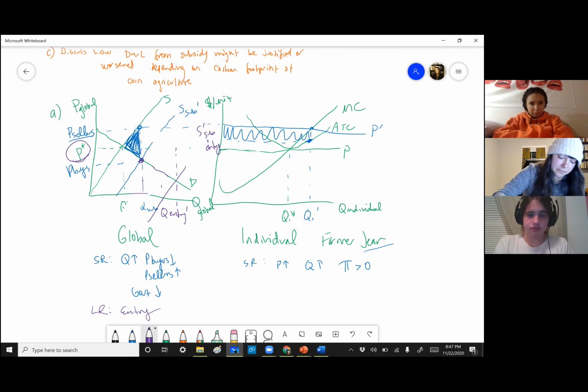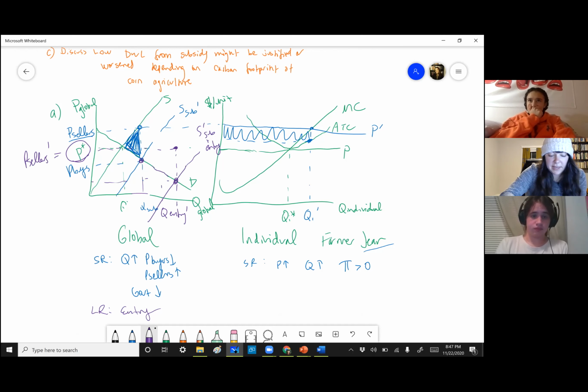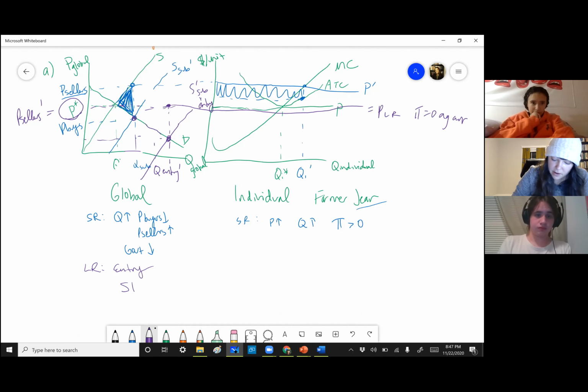So that now there's this new price that's now equal to the new price for sellers. And that is now what we plug back in until she's back where she started and profit is zero again. So we don't know what's going to happen exactly over here, but the supply is going to go up and the price for sellers is going to go down.